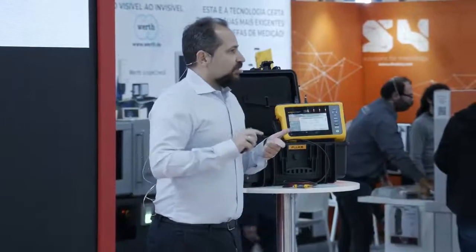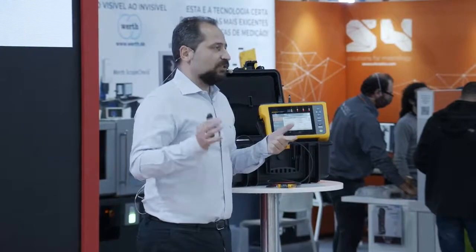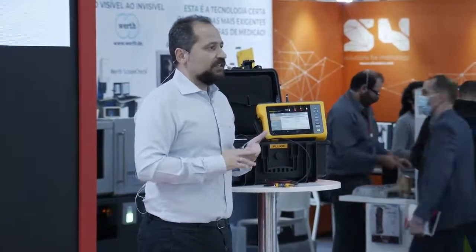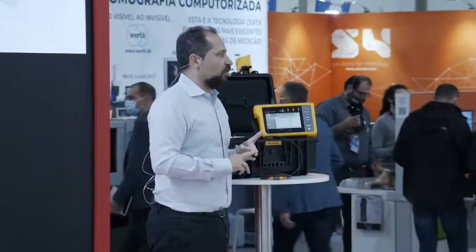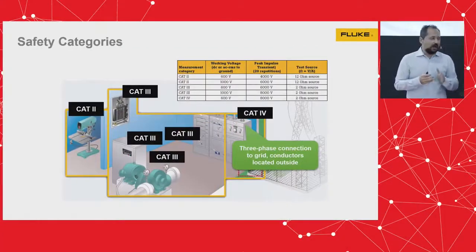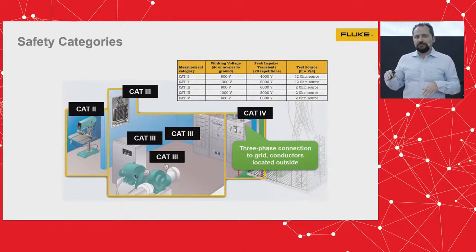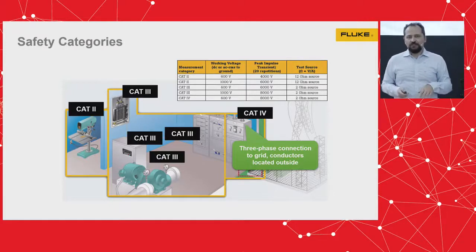Another thing to keep in mind is safety standards. Safety is really important. You were talking about high voltage signals, and for Fluke, this is always important. So make sure that you are using the right instrument with the proper category standard. Our product line goes up to category 3 and cat 4, 1000 volts. So it's the highest category standard in terms of protection for the end user.